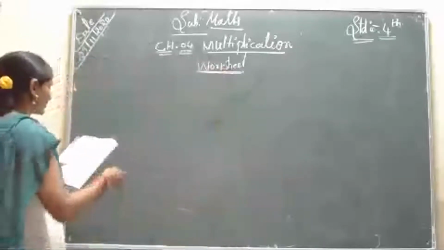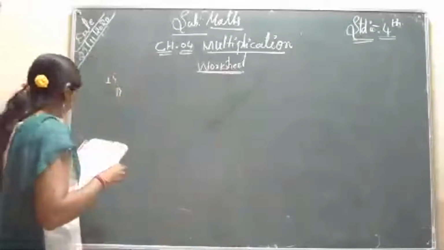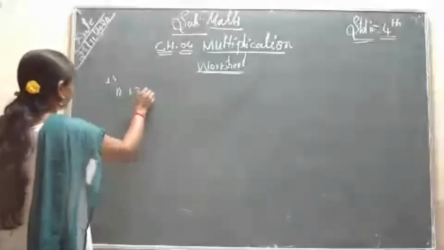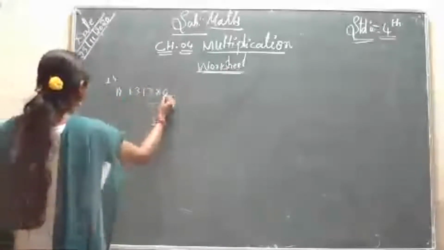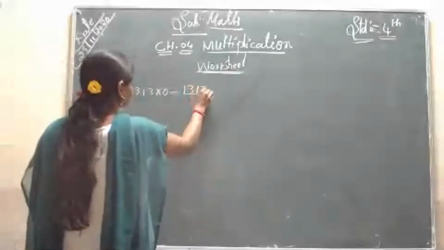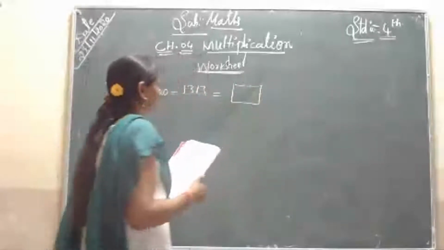Now students, this is the first question, question A: 1313 into 0, and the answer given is 1313. You have to write whether this is true or false.